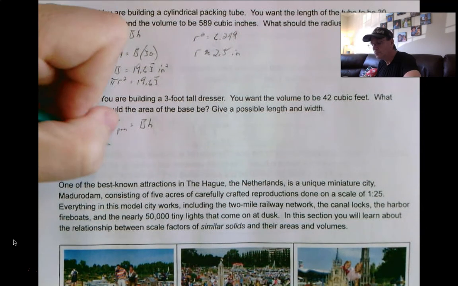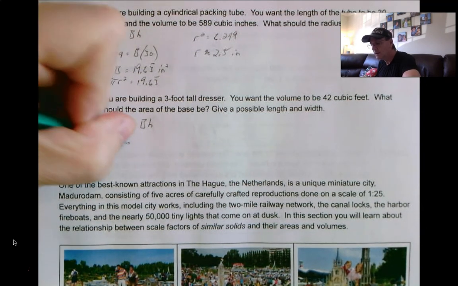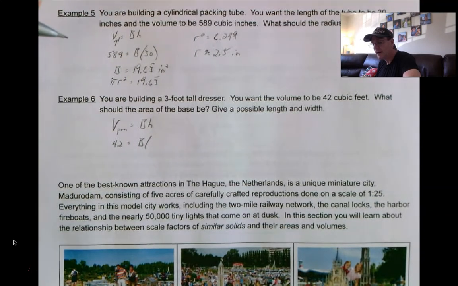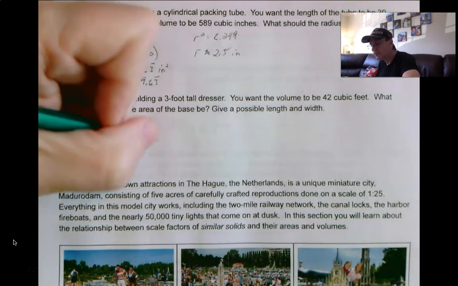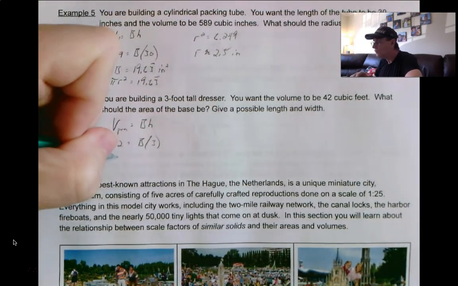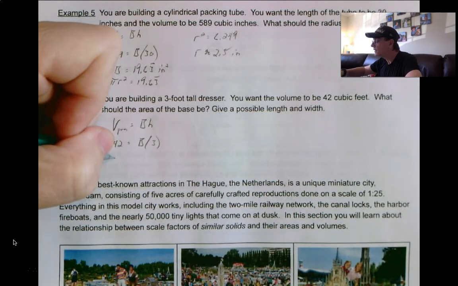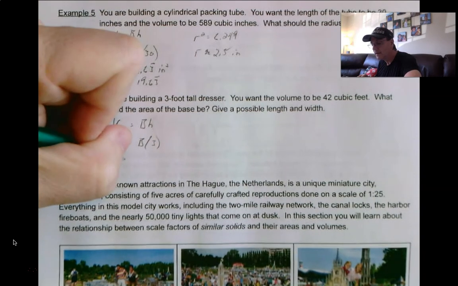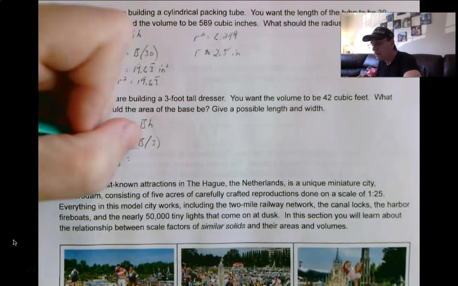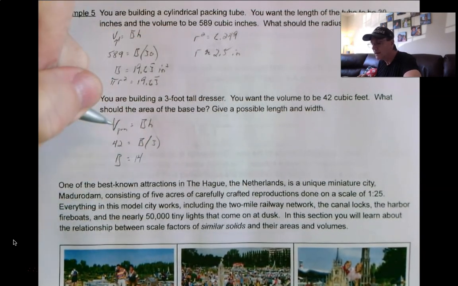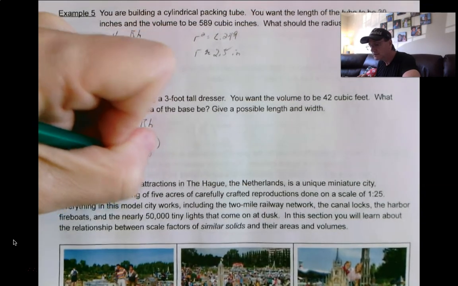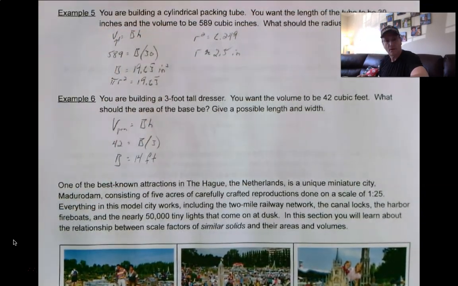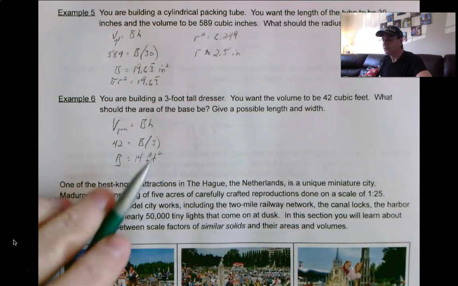We want the volume to be 42, area of the base, the height is 3 feet. 42 divided by 3 is 14. So the area of the base is equal to 14 square feet, or feet squared. Okay, so that's the answer to the question.